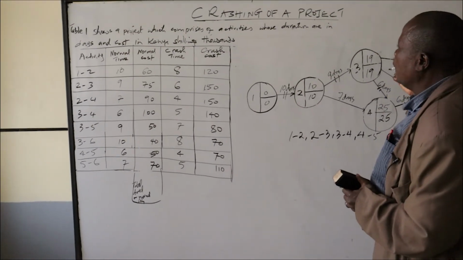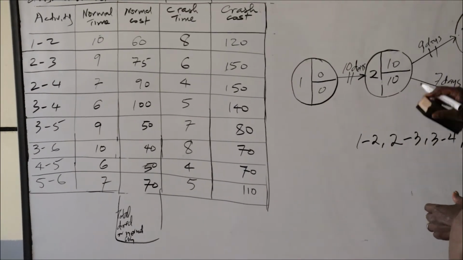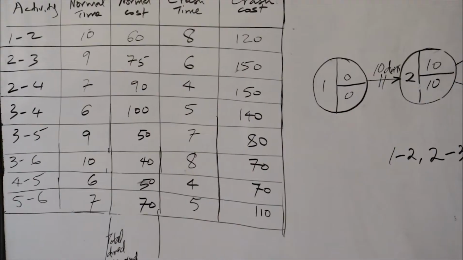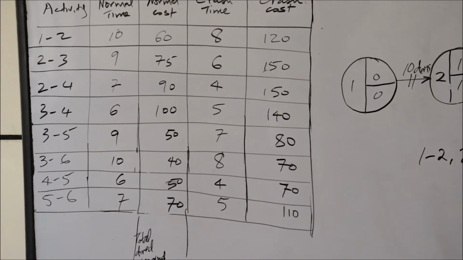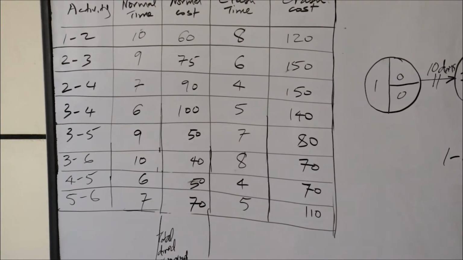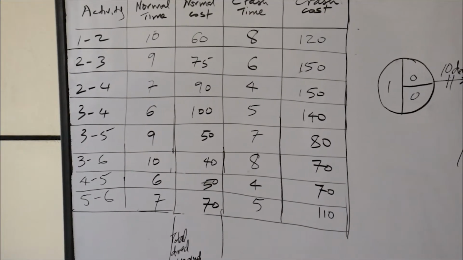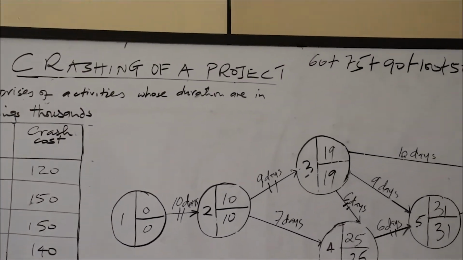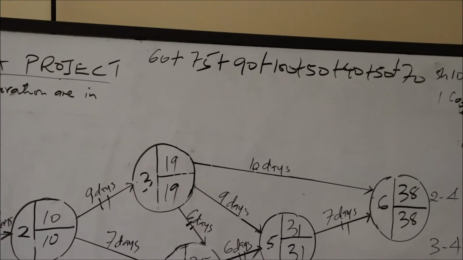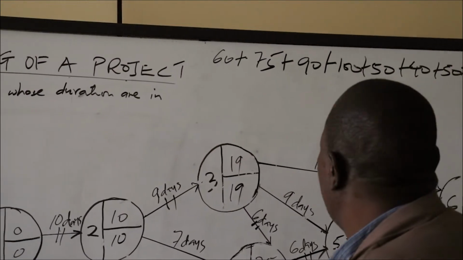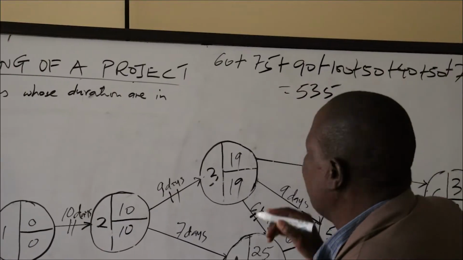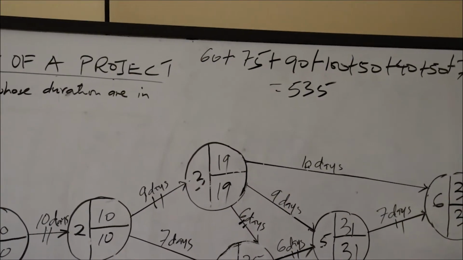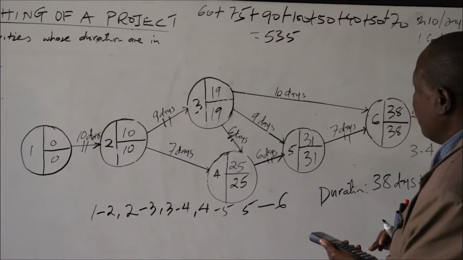The total direct cost of the project is 60 plus 75 plus 90 plus 100 plus 50 plus 40 plus 50 plus 70. This gives us a total of 535.